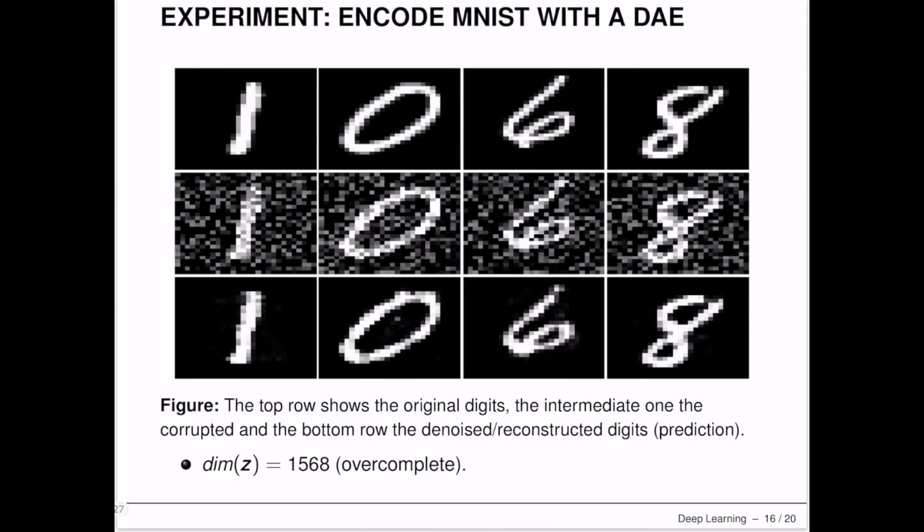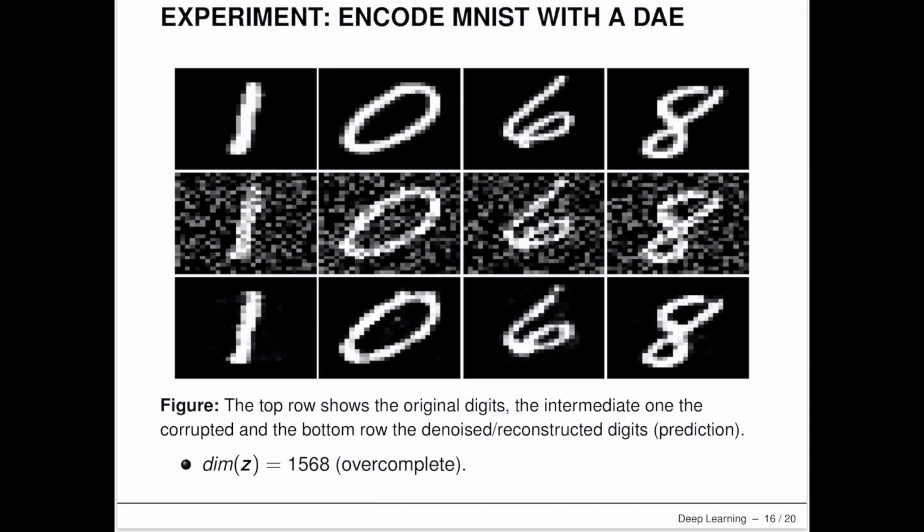And now the autoencoder, we have used an overcomplete autoencoder with double as many hidden neurons as input neurons. And we see here the original data, the corrupted data, and here the reconstruction of the autoencoder. And we see that even with this overcomplete setting, we don't learn a perfect reconstruction.